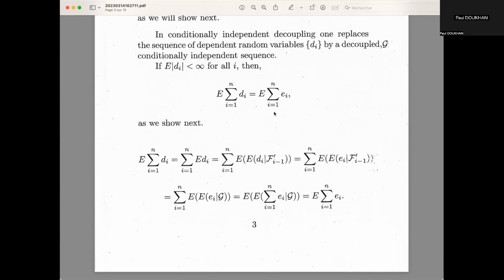And Hitchenko found the best constant on the L^p norm: you have arbitrarily dependent variables, you find the L^p norm of that, and there's a constant, of the best order, times the L^p norm of conditionally independent variables. That was used to prove the best constants in Rosenthal's inequality. So that's sort of the history behind this type of decoupling.